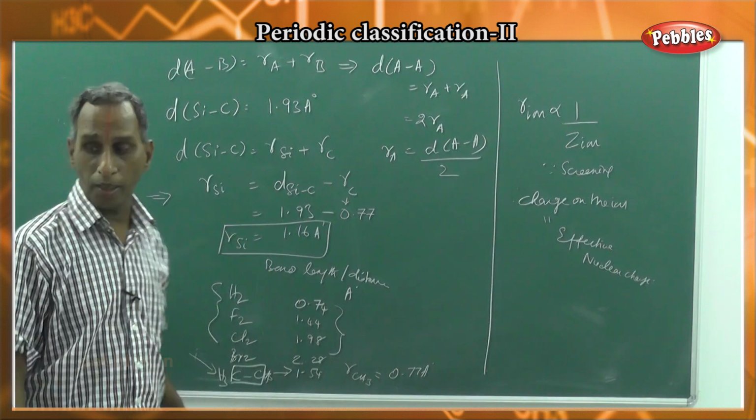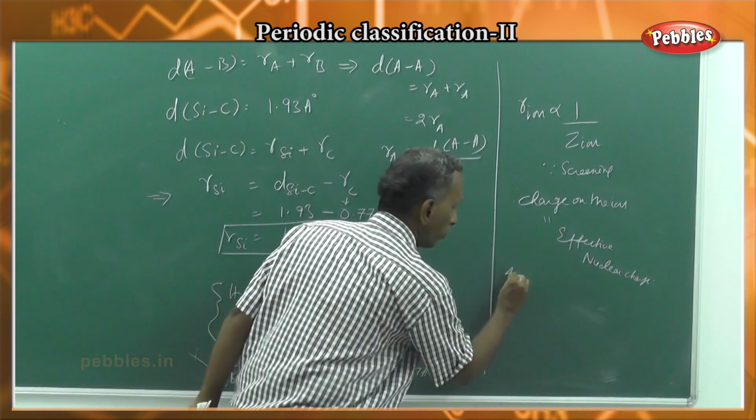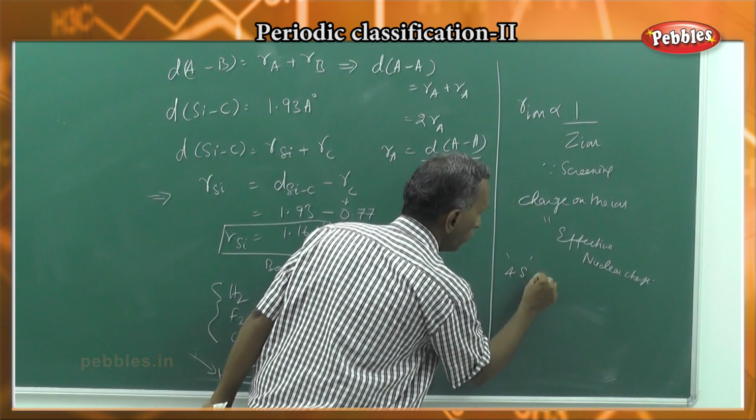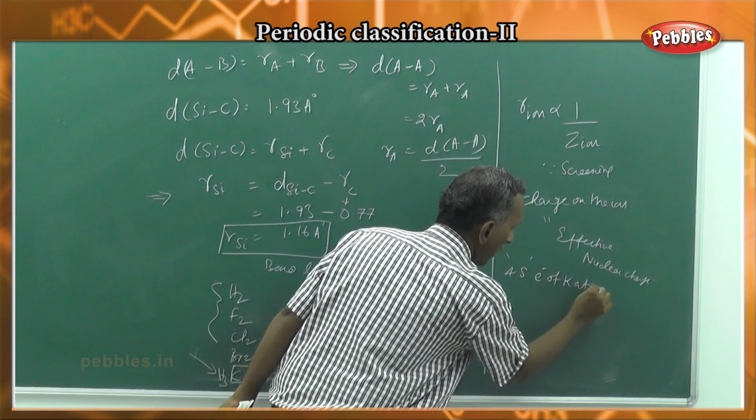Now let us calculate the effective nuclear charge for a simple species, the 4s electron of potassium atom. Let us find the effective nuclear charge on the 4s electron of potassium atom.